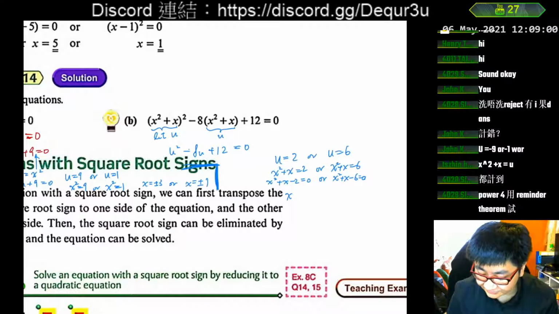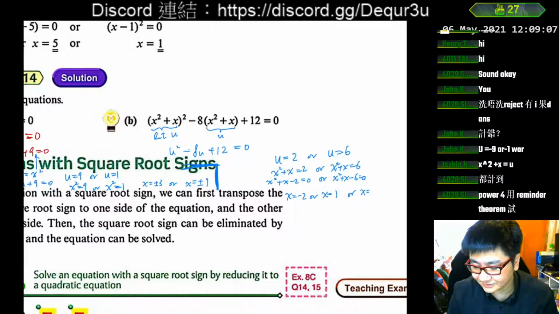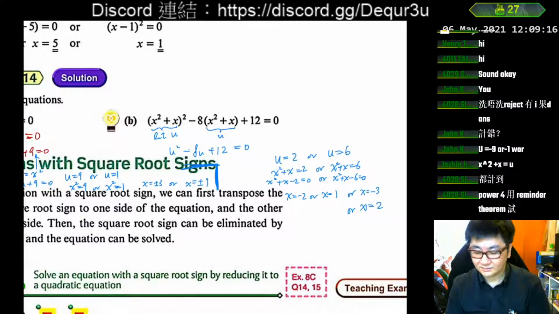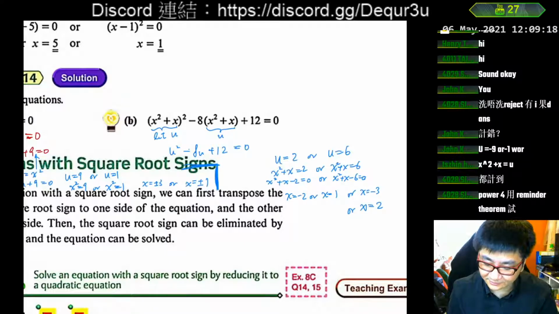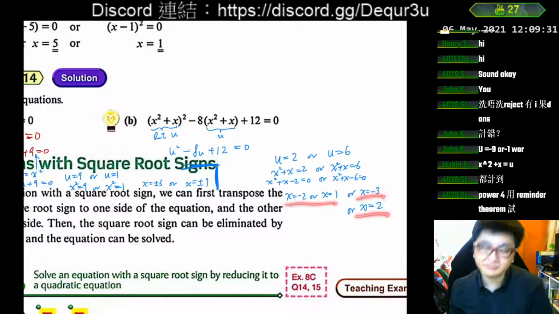It is x equal to -2, or x equal to 1, or x equal to 3 and -3 and 2. Okay, so you can see this is the final result. So we let you make it an easier quadratic equation, and then find the u, change back to x, and solve for x in the other equations.